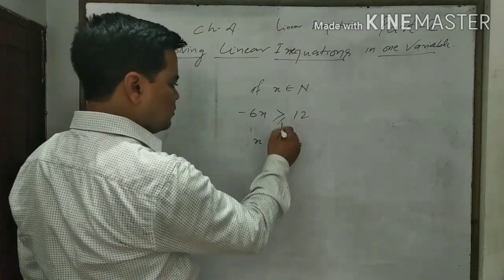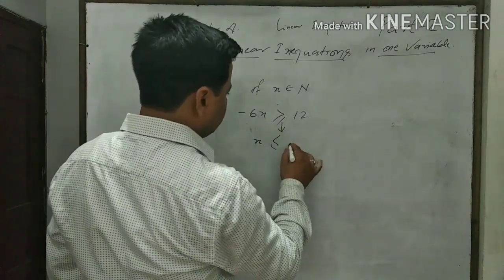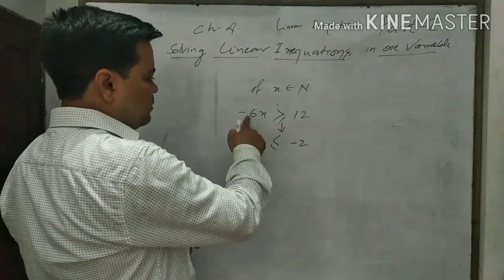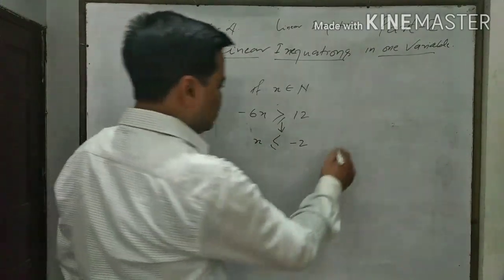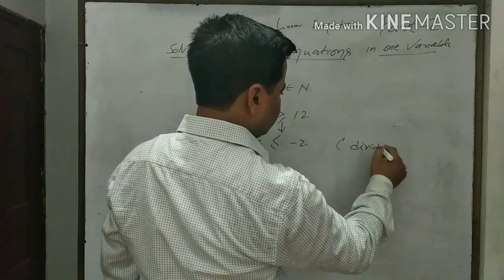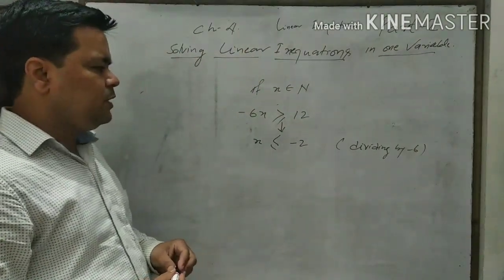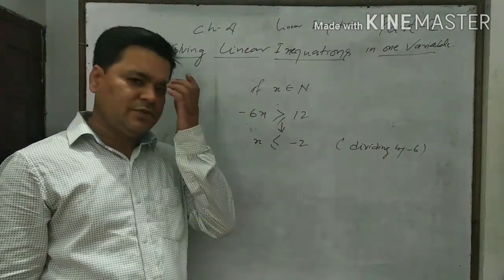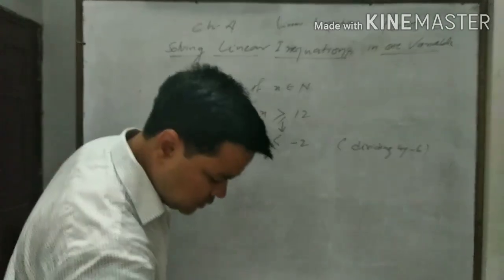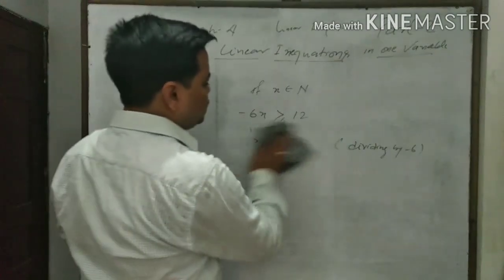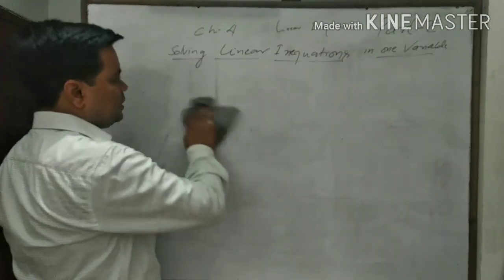Here the sign of the inequation will be changed, and 6 twos are 12, then it will be minus 2. Dividing by minus 6, the sign of the inequation will be changed. In this way, while finding the solution of the question, we will follow this rule. Now I would like to explain some questions that were asked in different years.